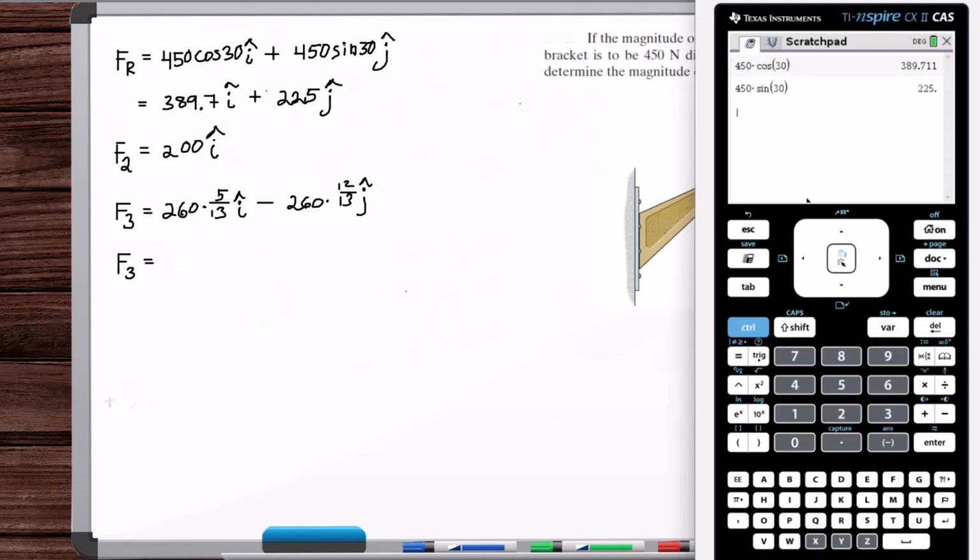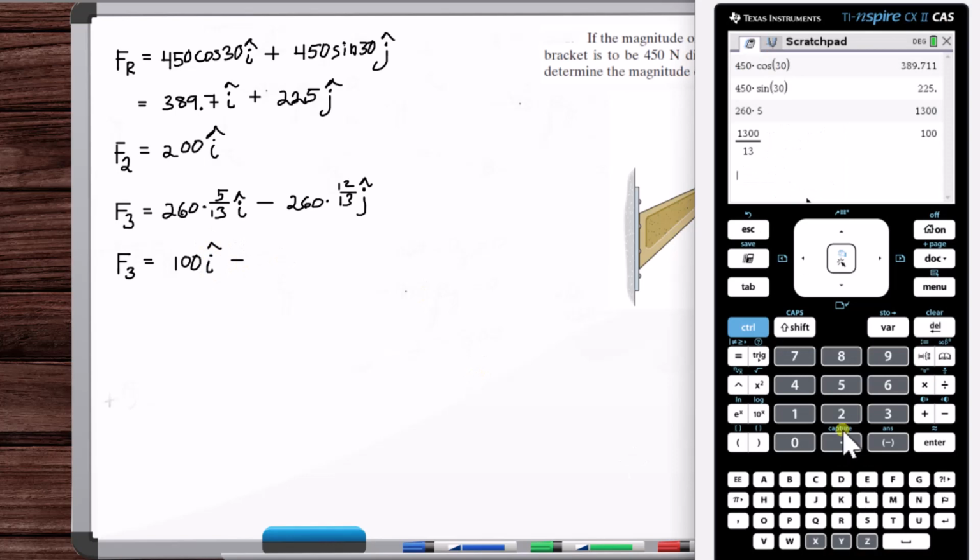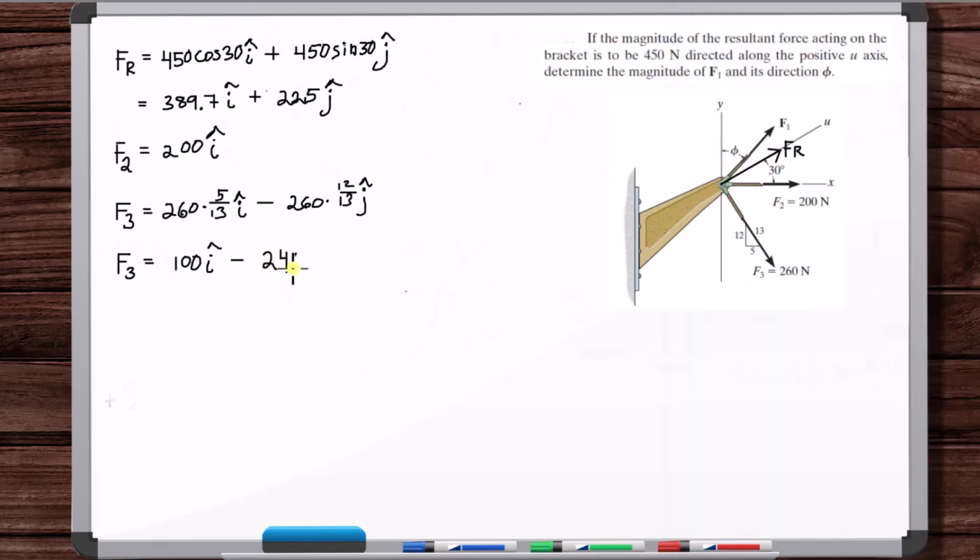Okay? So 260 times 5 divided by 13 is 100. Minus, and then we've got 260 times 12, it's 240.